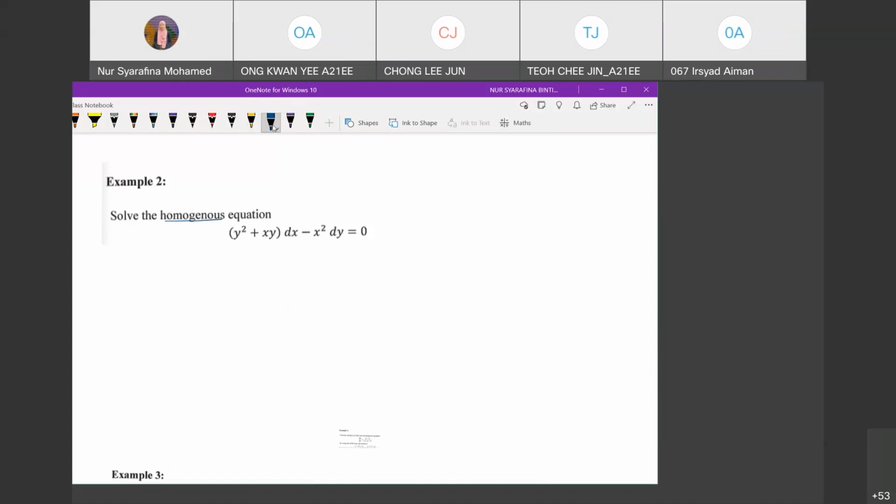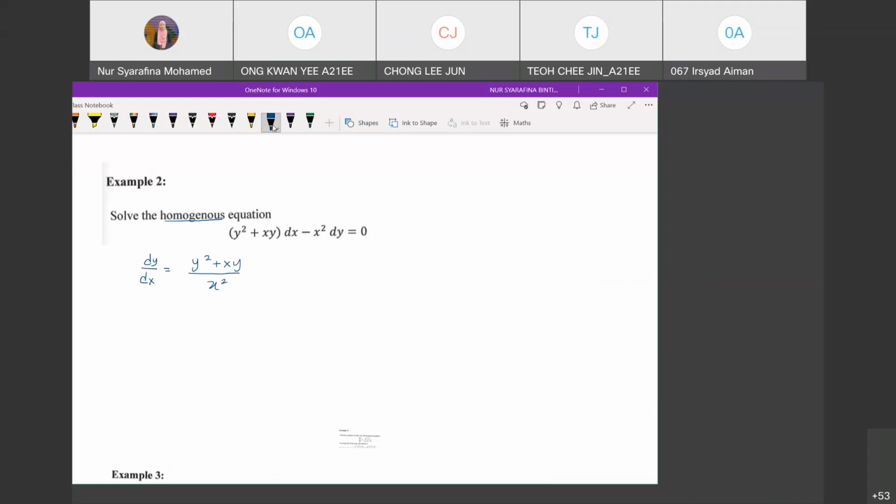But now, how can we solve this? First, why don't you try to separate this in terms of dy/dx? So we should have dy/dx equals, just put dx to the right hand side, y squared plus xy over x squared. This is a homogeneous equation, no need to show.